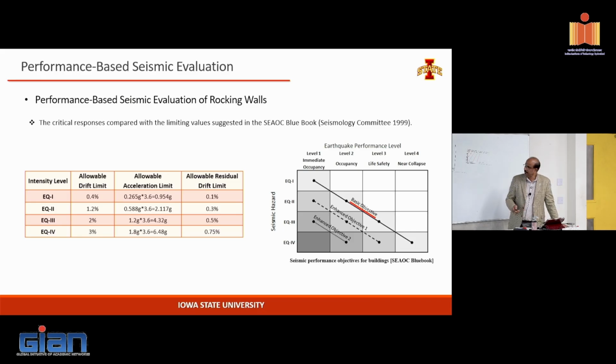So you could see these are the earthquake levels, and these are the seismic performance objectives, and then these are the different levels of what you're looking for. So the question is, after the earthquake, do you want the structure to be life safety alone, or you want the structure to be occupiable, or you want the structure to reach a near collapse?